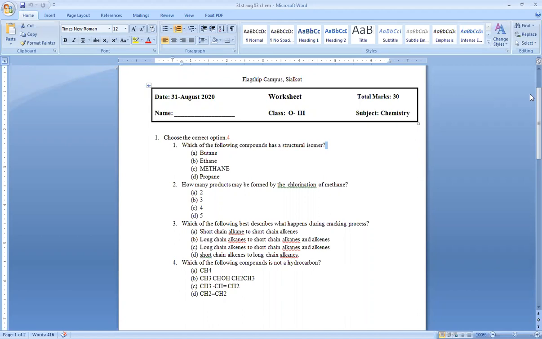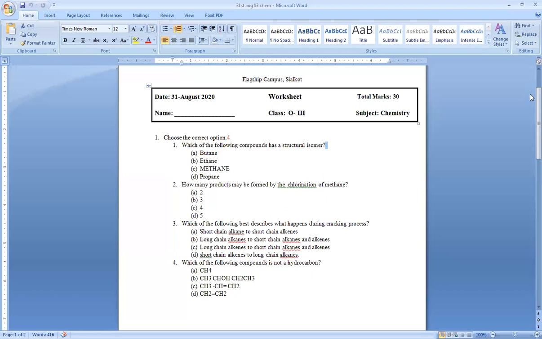Now the next question is which of the following best describes what happens during the cracking process? Now you studied the cracking process. There are four options. Number one is short chain alkanes to short chain alkenes, meaning small chain alkanes are converted into small chain alkenes.